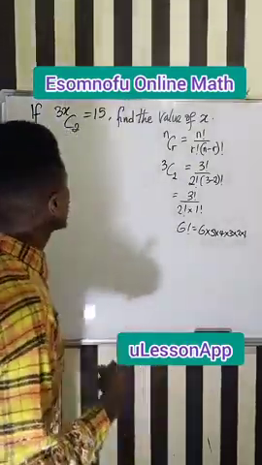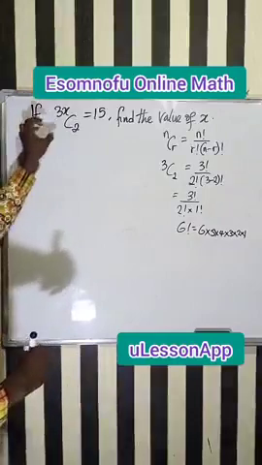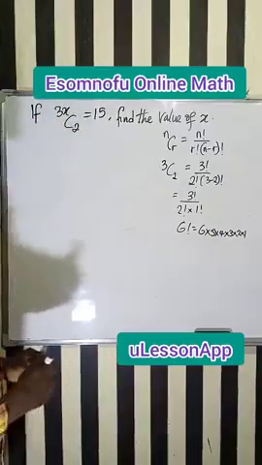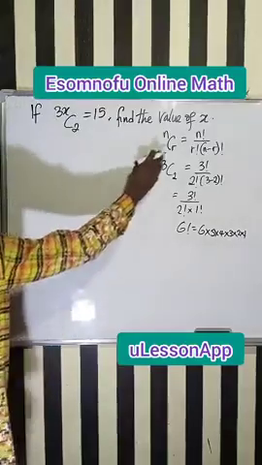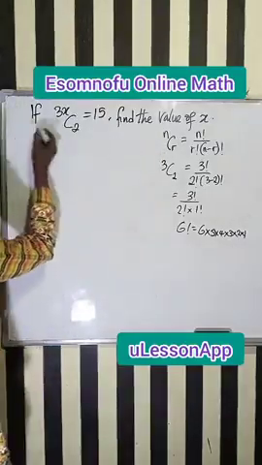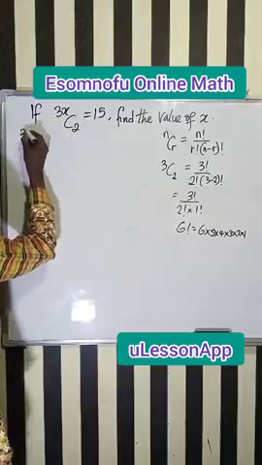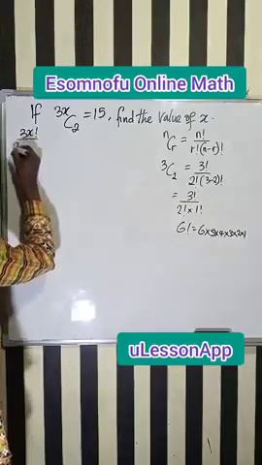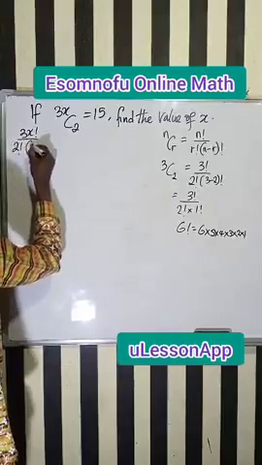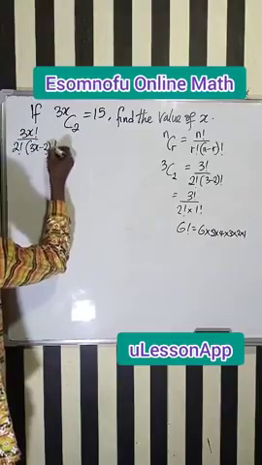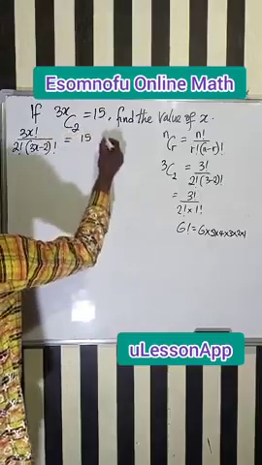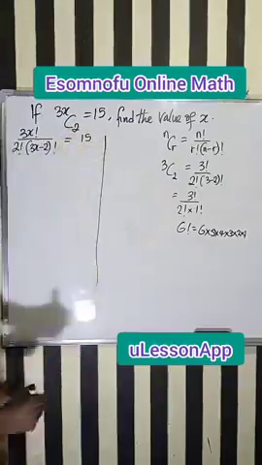So now we are told here that 3x combination 2 is equal to 15 and we are interested in getting the value of x. So from this formula here, you will notice that 3x combination 2 is the same thing as 3x factorial over 2 factorial, then 3x minus 2 all factorial. Everything is equal to 15, like we are told from this problem.